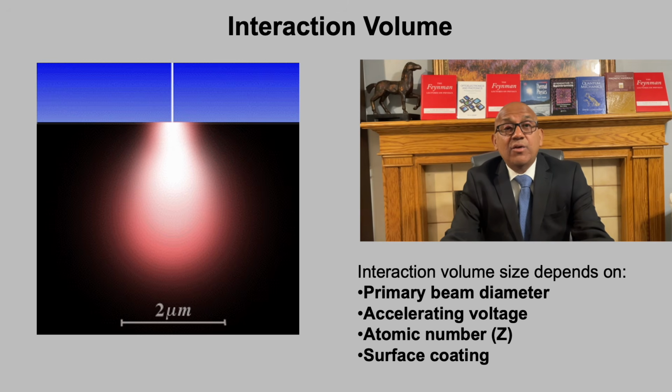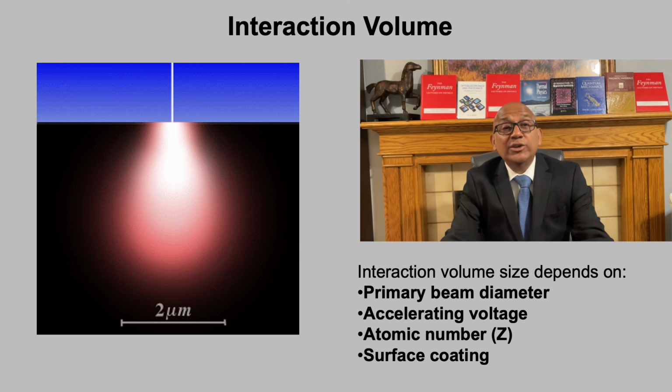The region from which the SEM signal originates is known as the interaction volume, and its size directly controls image resolution. Several experimental and material parameters determine how large this interaction volume becomes. First, the primary beam diameter sets the initial lateral size of the interaction.